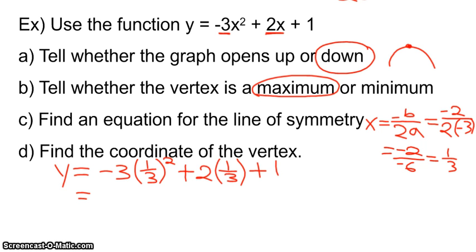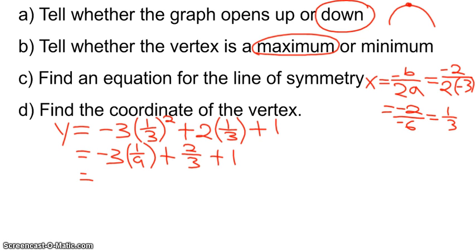Now we will just simplify. So negative 3 times 1/3 squared, which is the same thing as 1/9, plus 2 times 1/3, which is 2/3, plus 1.